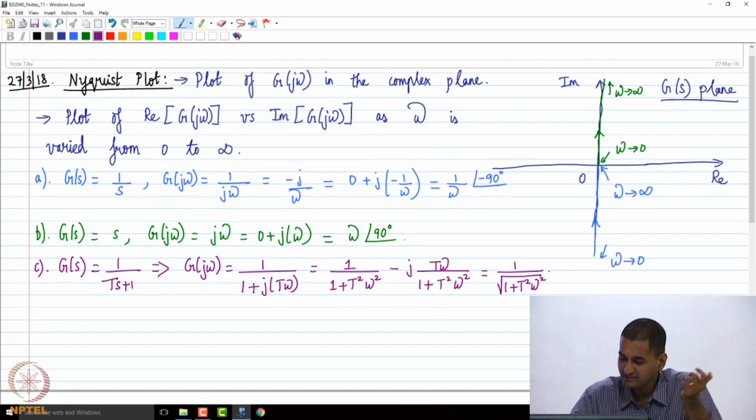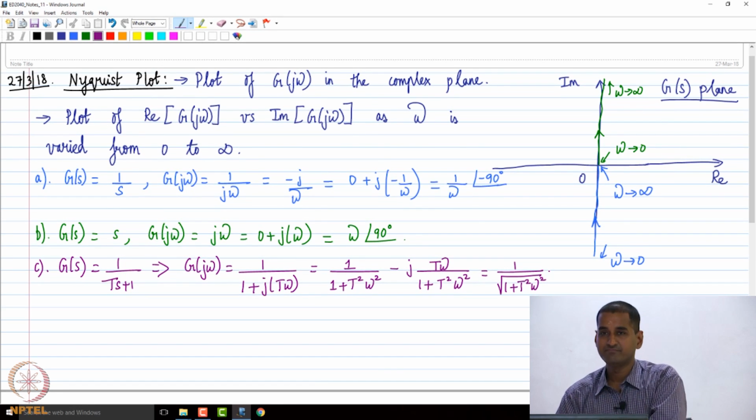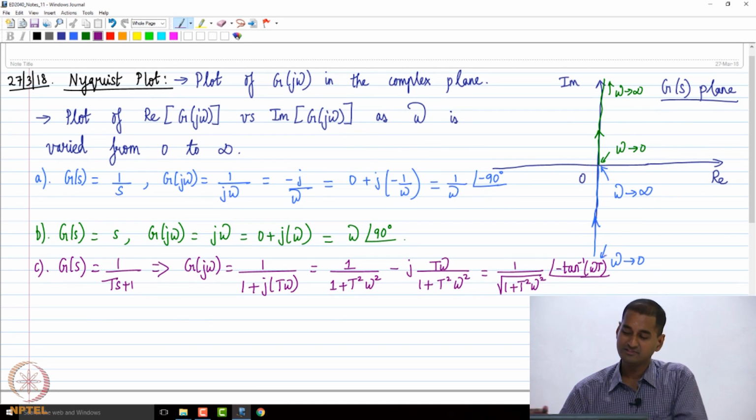That is what you have. And what is going to be the phase? Once again, it is going to be the algebraic sum, right. The phase is going to be minus tan inverse of omega T, right. So that is what we have for this particular factor, right.